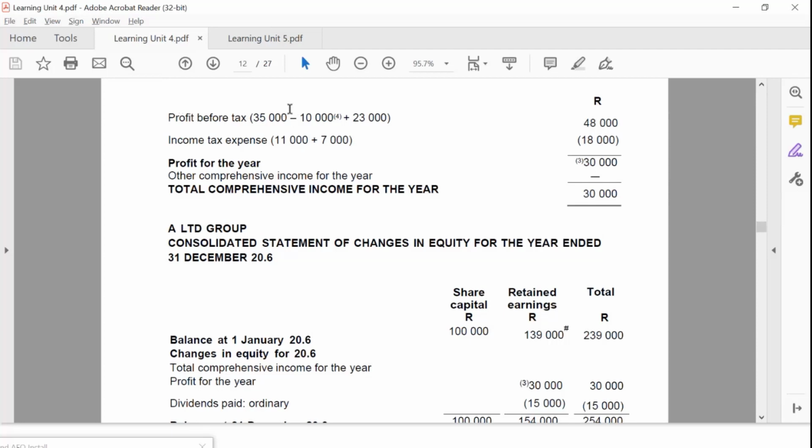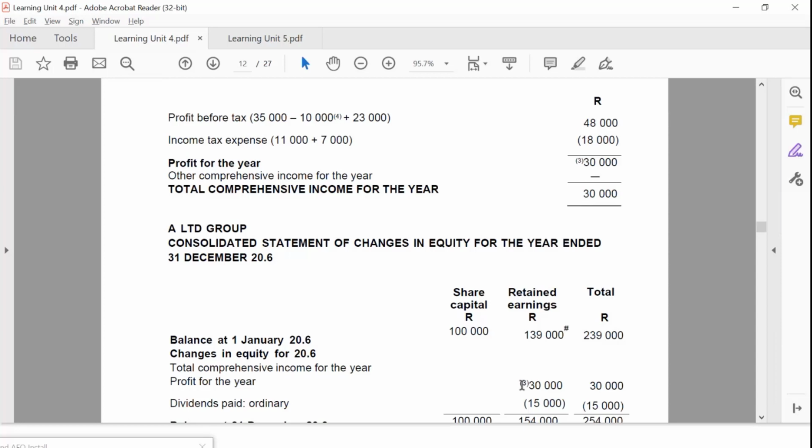Say, okay, profit from A, 35, B, 23, minus the dividend received 10,000, I get 48. There was tax of 18, so 30,000. So do an income statement in your head, or write it on a piece of paper, like a rough income statement: profit, tax. Without going through an analysis, because basically this 30,000 is your profit for the year on the income statement. Don't waste your time on the analysis.